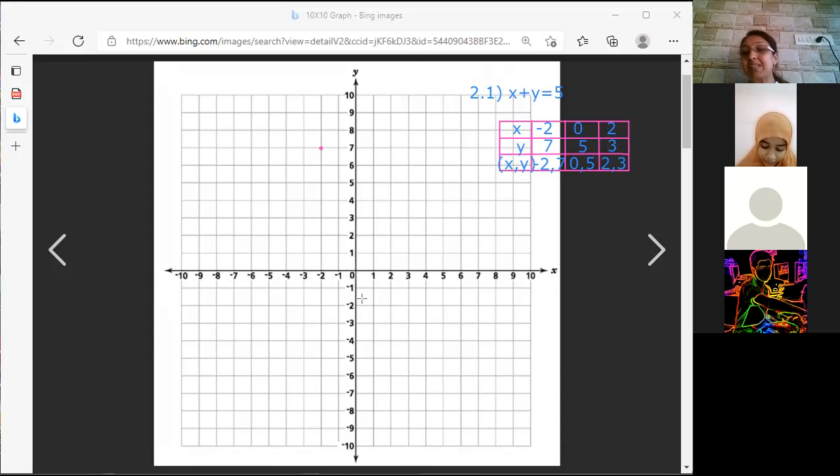My x is 0. Where is the point going to lie? On the y-axis. So it is going to come here, 0 and 5. Tell me, am I right? Now my next number is 2, 3. So 2 of x and 3 of y. Can I say it is coming here?